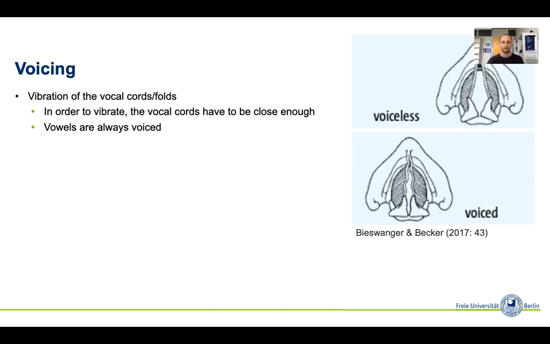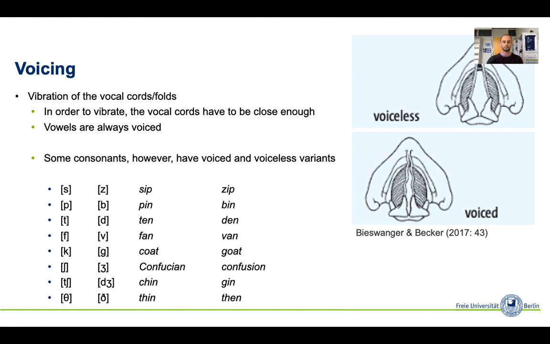And then lastly, we also have the criterion of voicing. So what do the vocal cords do when we obstruct the airflow? If they are close to each other, as we see in the bottom image, they start to vibrate and they make a voiced sound. And this can describe the difference between the consonants, for example, pin and bin.